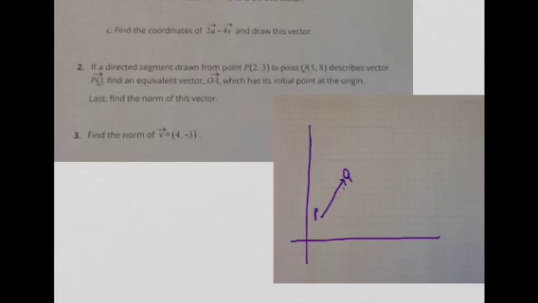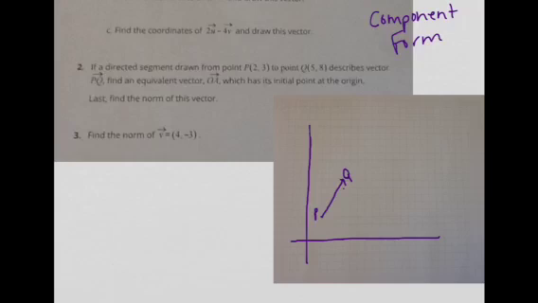Okay, sorry y'all, I had to pause, so I don't remember exactly what I said last, but this vector PQ, a little side note over here, we need to talk about component form of a vector.